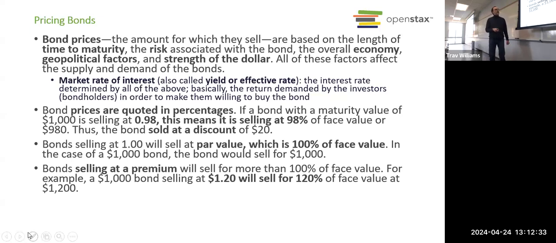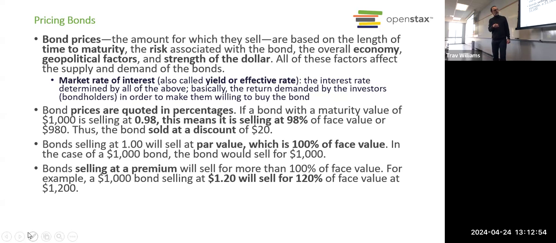The bond prices are quoted in percentages, but the way they're written, there is no percentage. For example, a bond selling at 1, we have to know that that means 100% of its face value.